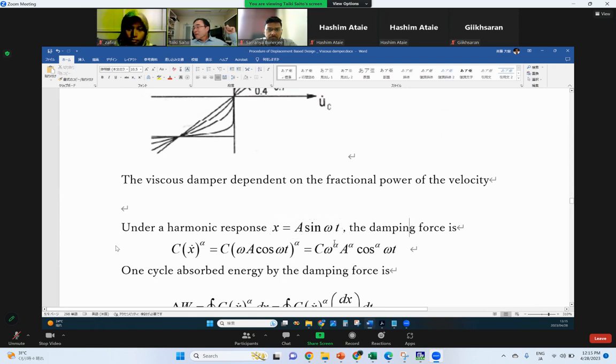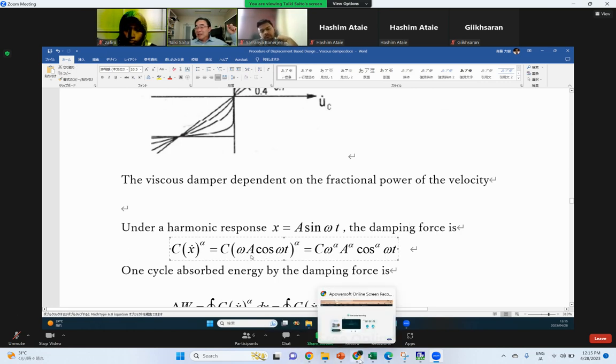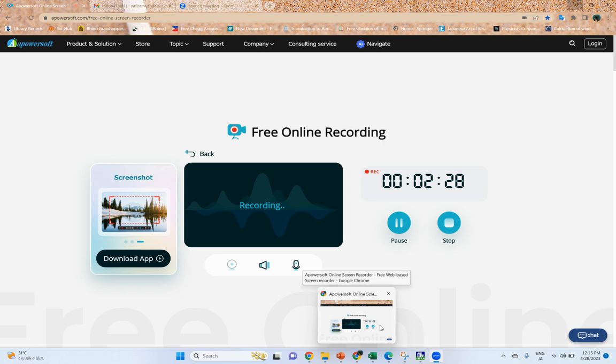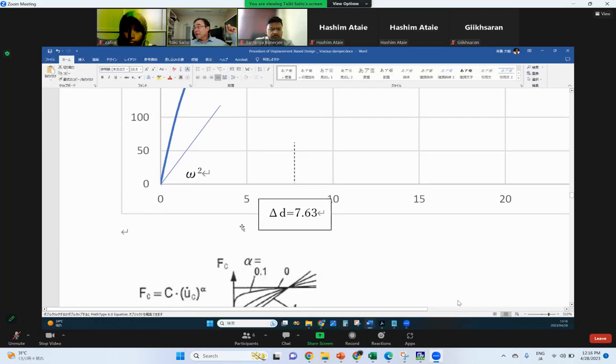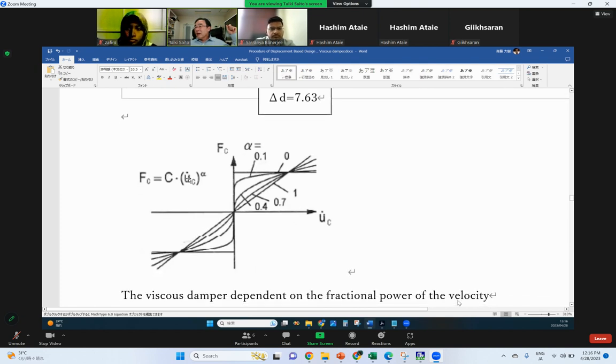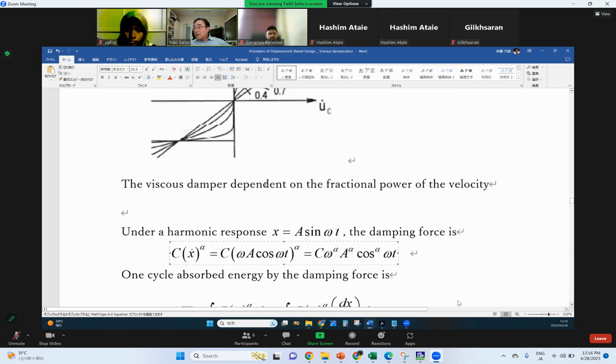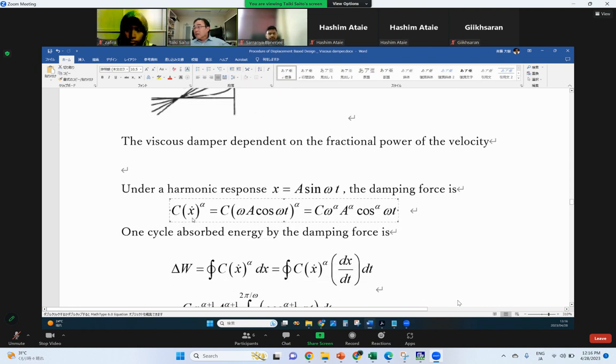So the damping force will be c multiplied by velocity. So this velocity part is omega A cosine omega t, to the power of alpha. This is because viscous damping is c multiplied by velocity to the power of alpha. So this is the damping force.